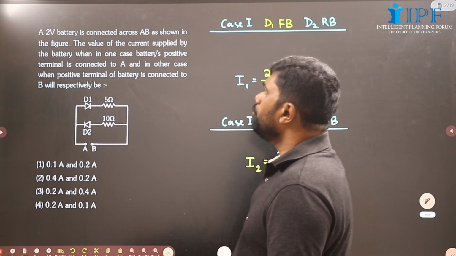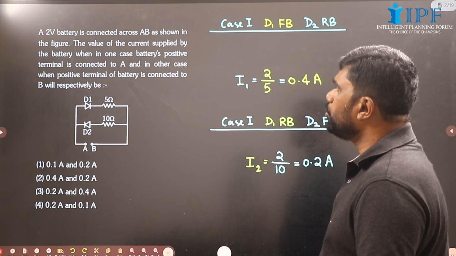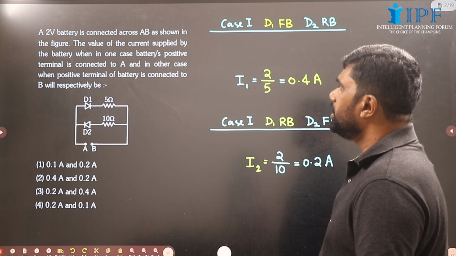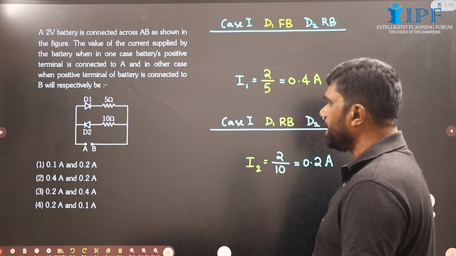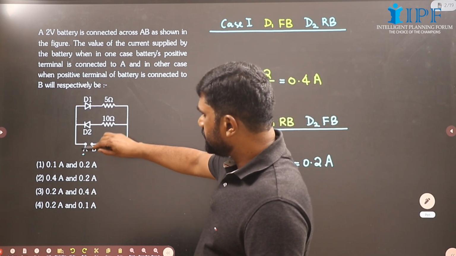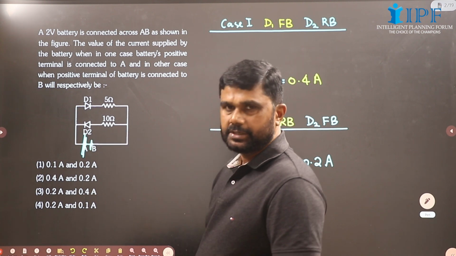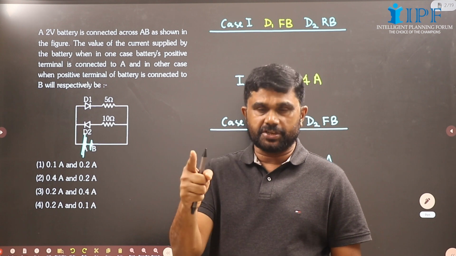Okay. Now, a 2-volt battery is connected across AB as shown in the figure. The value of the current supplied by the battery, when in one case the battery's positive terminal is connected to A. See, when the positive terminal is connected to A and the negative terminal to B, children, current will be coming out of the positive pole.